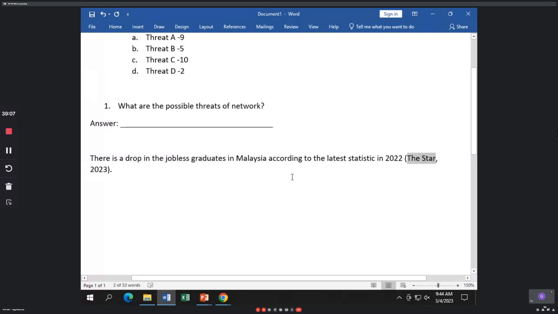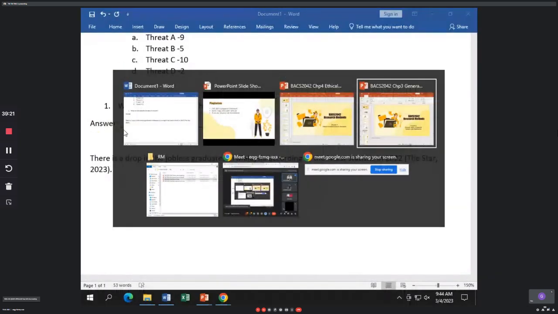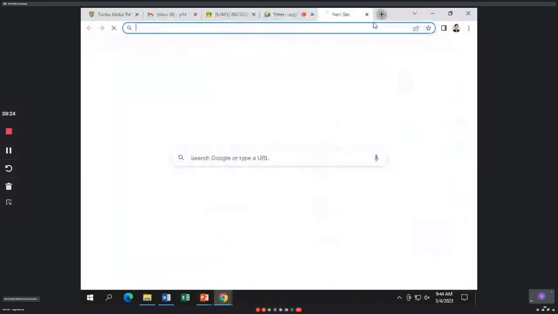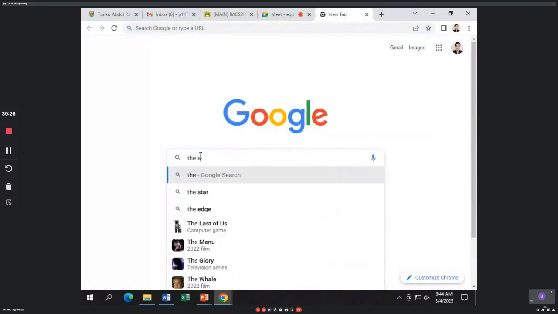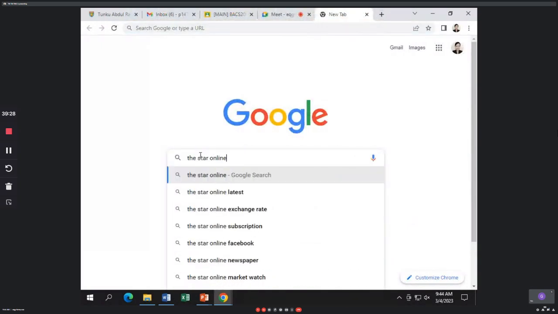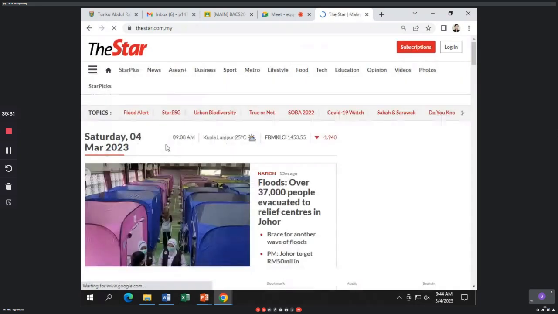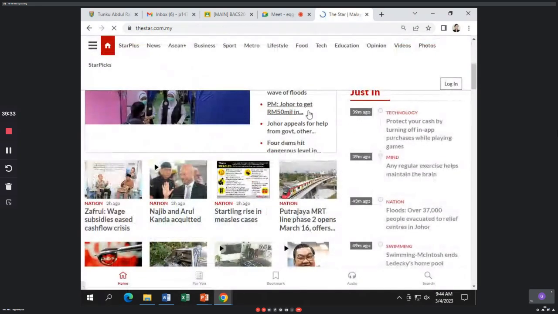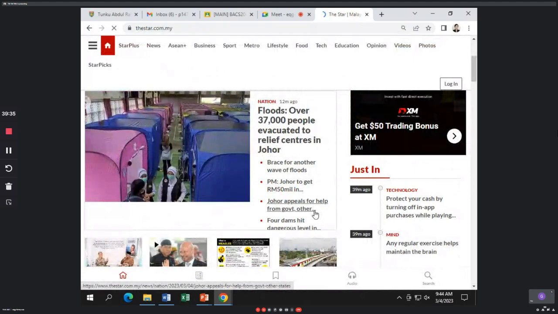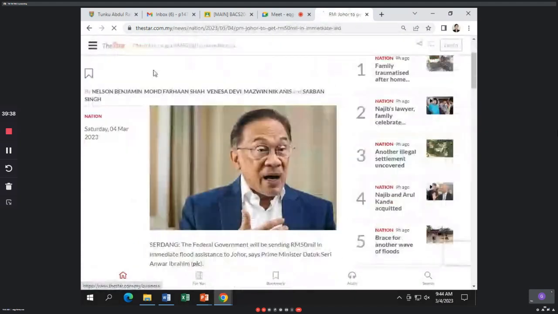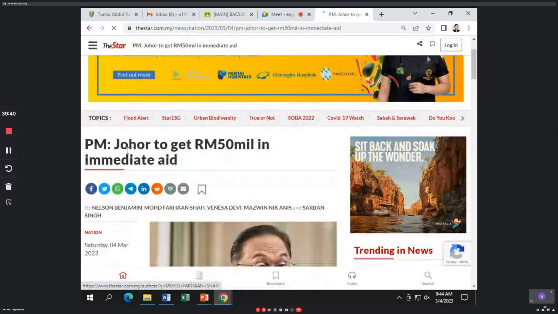Although you are not copying this sentence from the start, you still have to let us know where you get this from. Maybe the Star newspaper online. You say, okay, maybe this: Johor to get 15 million in immediate aid.